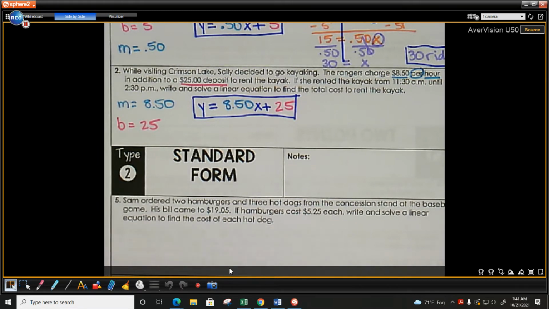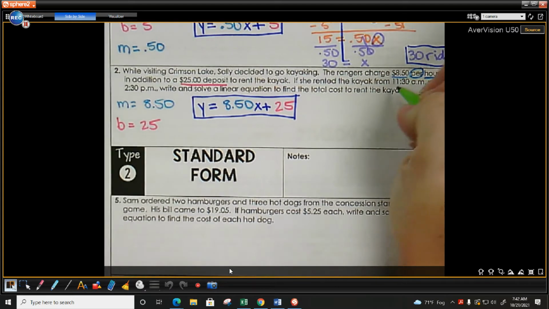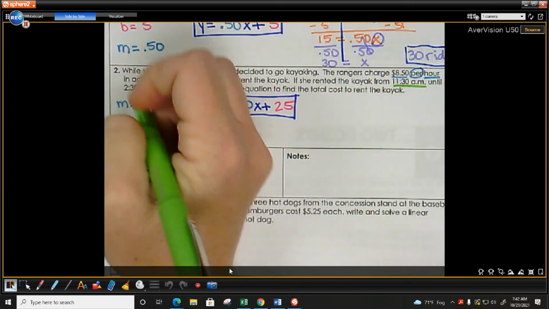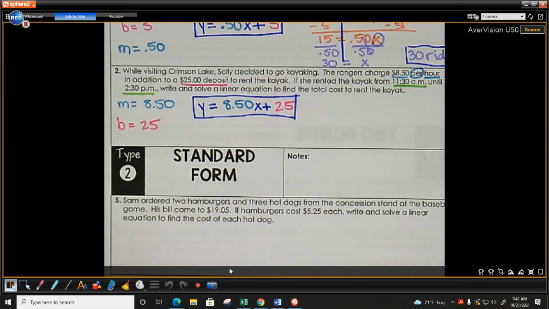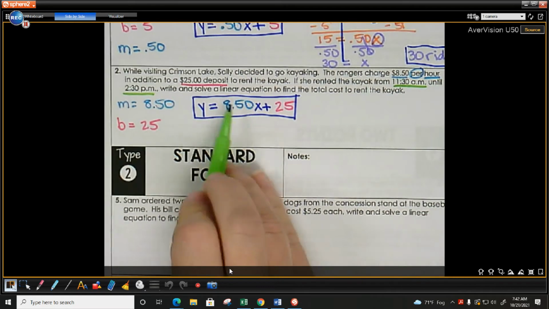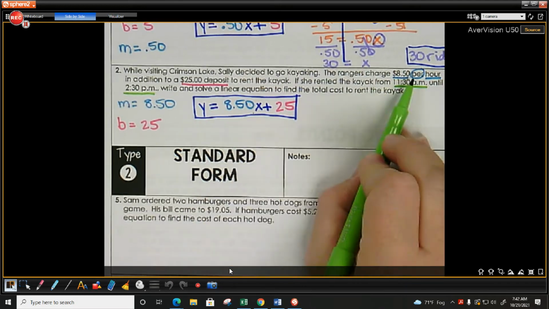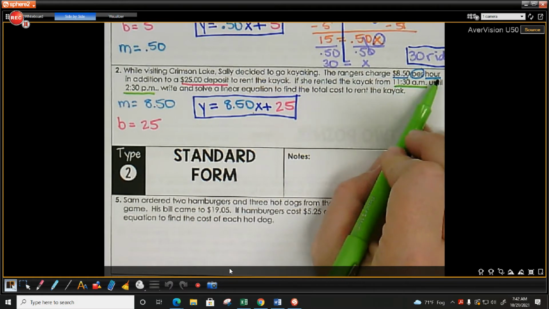Then it says if she rented the kayak from 11:30 until 2:30. So, 11:30 until 2:30. How many hours pass? 3 hours pass. Okay, is hours your X or your Y? The way I would look, we have 8.50 times X. $8.50 per what?